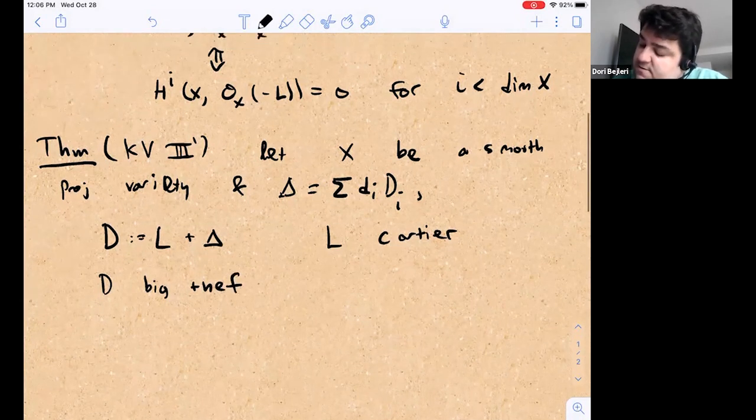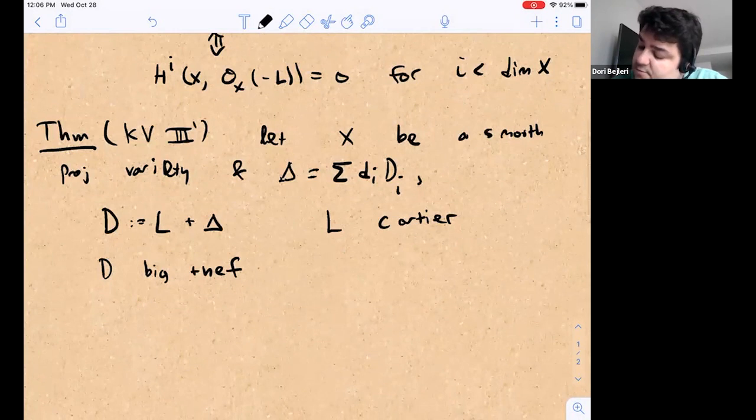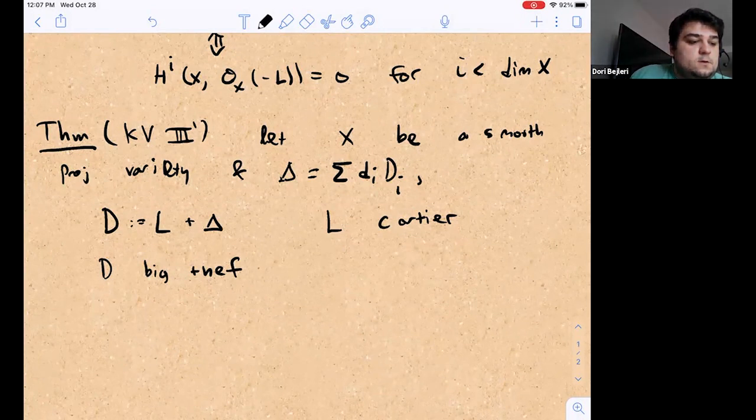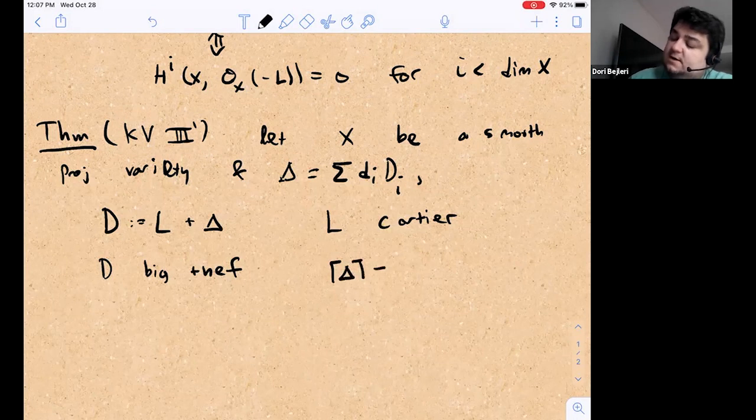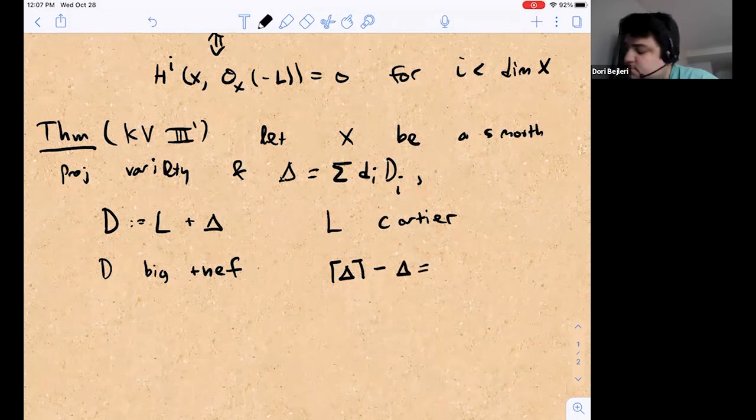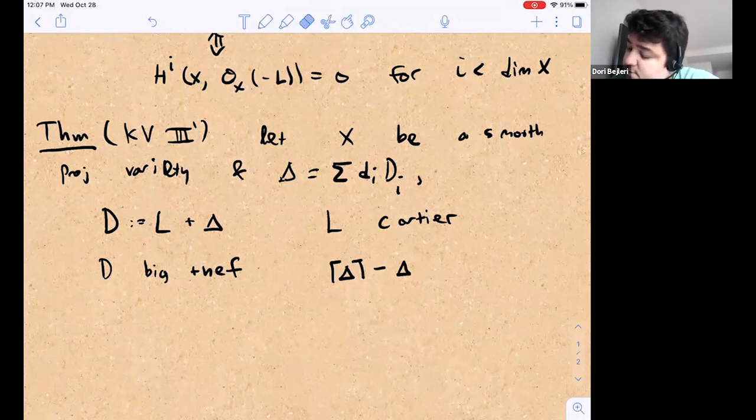And finally, if we take the part of delta whose coefficients are not integers, so another way to write that is if you round up delta and then subtract delta, then we want this to be simple normal crossings.